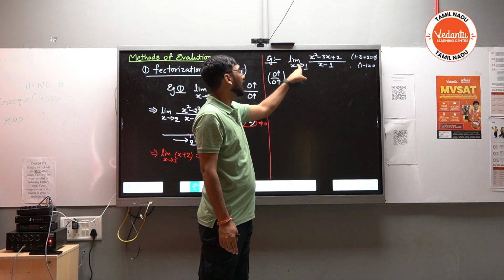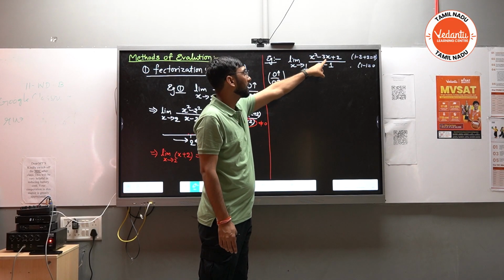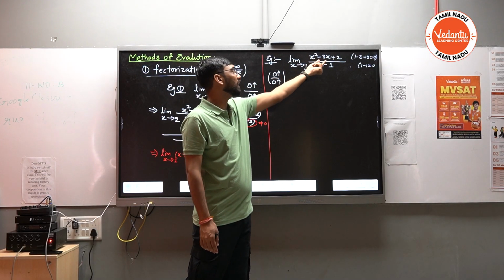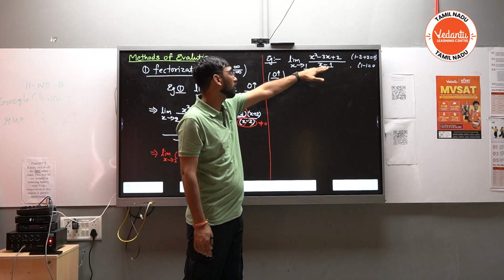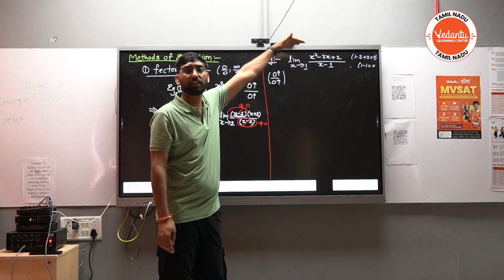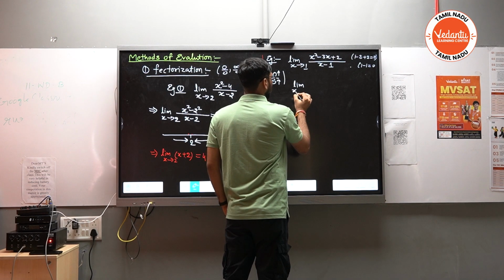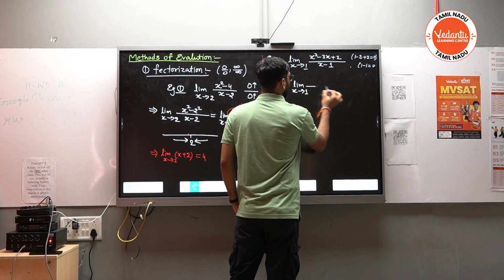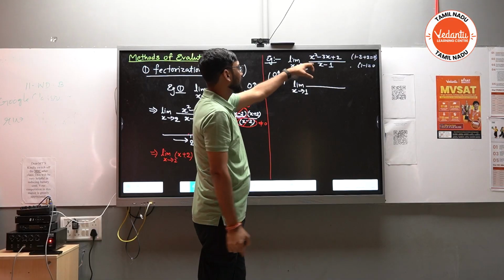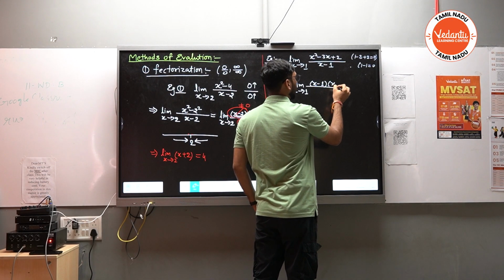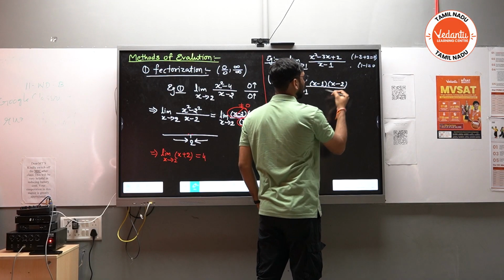Here x is moving towards 1, x square minus 3x plus 2 upon x minus 1. We will factorize the numerator, because the denominator is already in factorized form. So limit x going towards 1. The numerator can be written as x minus 1 into x minus 2. How?